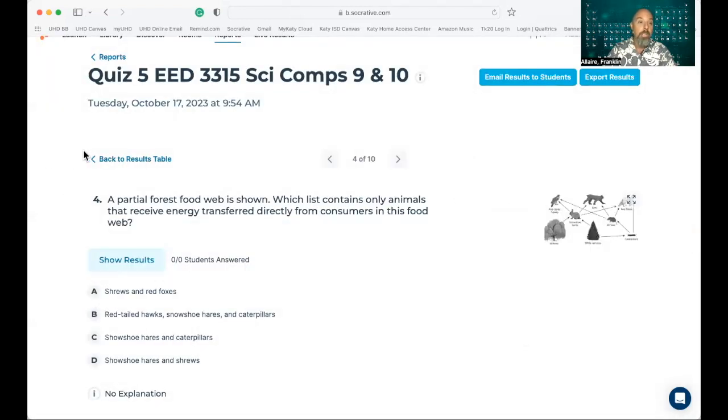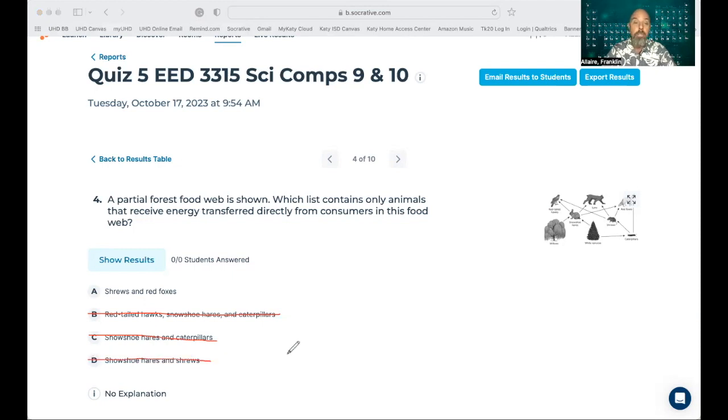When we look at our answers here, B has snowshoe hare and caterpillars, so that's going to be out. C has snowshoe hares and caterpillars, and D has snowshoe hares and shrews.